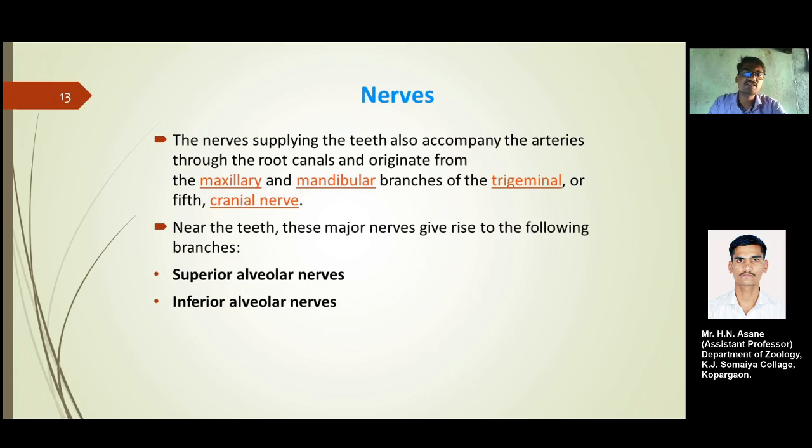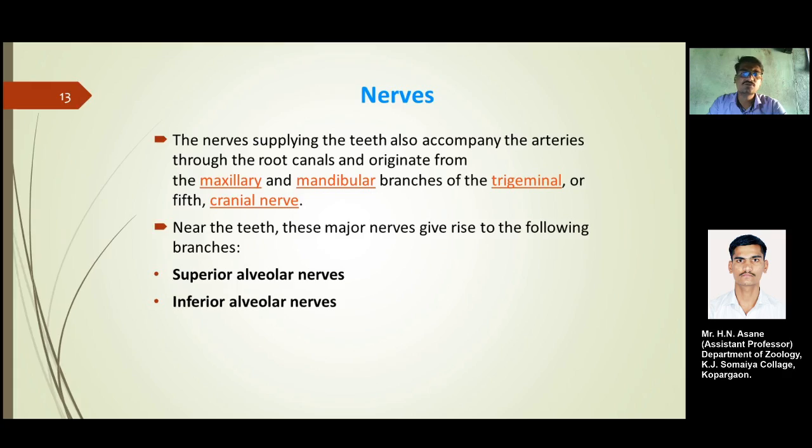The nerves supplying the teeth also accompany the arteries through the root canals and originate from the maxillary and mandibular branches of the trigeminal nerve, the fifth cranial nerve. Near the teeth, these major nerves give rise to the superior alveolar nerves and the inferior alveolar nerves.